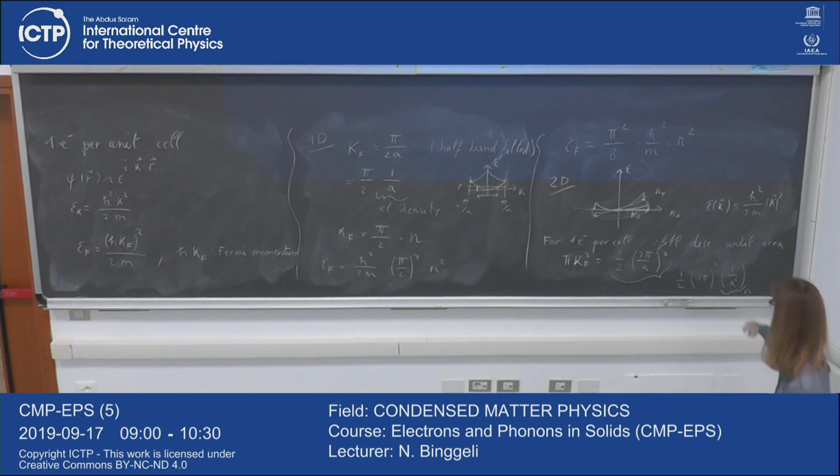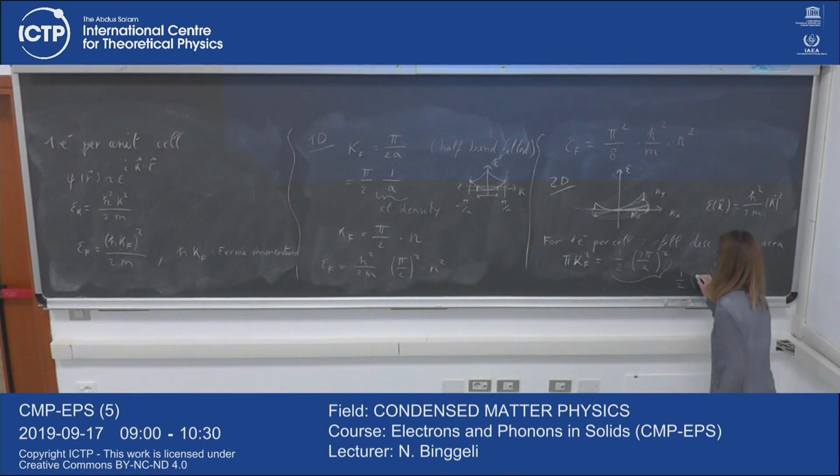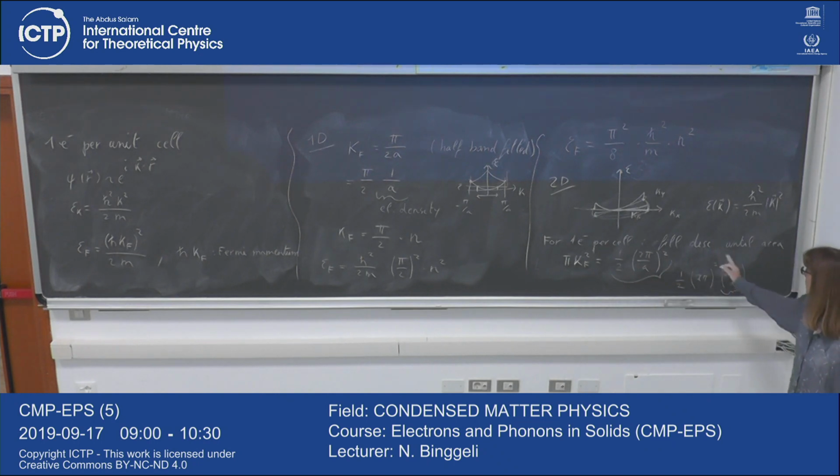So the condition for 1 electron per unit cell is this one. If you had more, it would be this one with n instead of 1 over a squared.